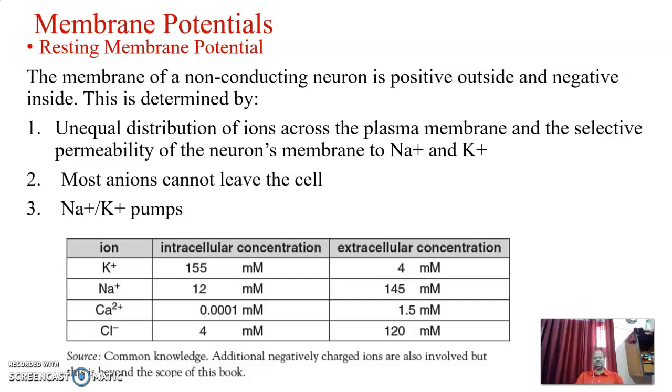Then, what are the reasons for the development of this charge? There are three major factors which contribute to the development of charge on the membrane. One is the unequal distribution of ions across the plasma membrane and the selective permeability of the membrane for sodium and potassium.